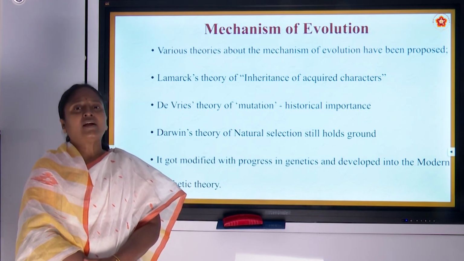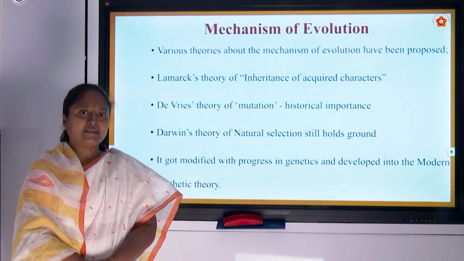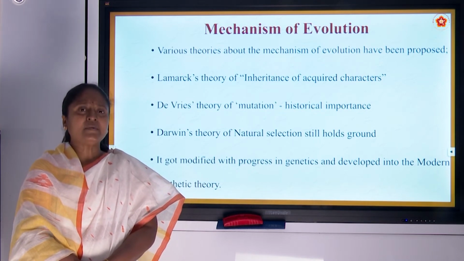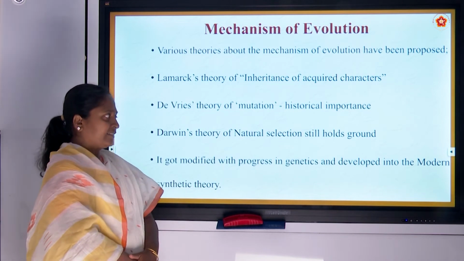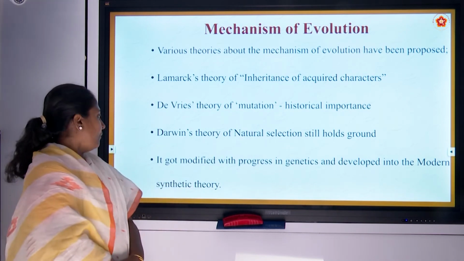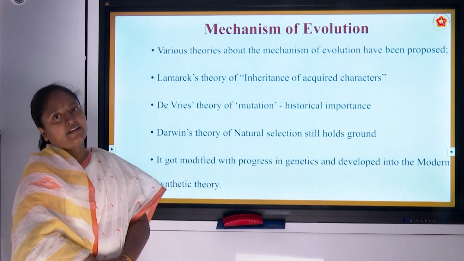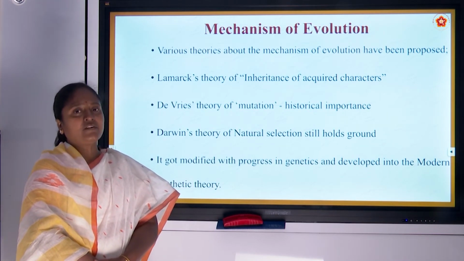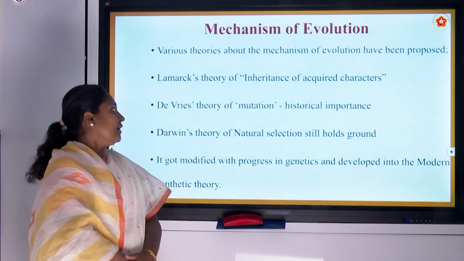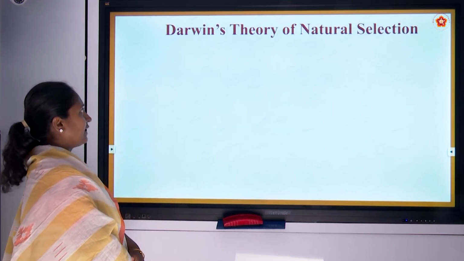So these technologies help humans understand the biological system very well. So we have progress in genetics and also the development of the modern synthetic theory of evolution. This is a slight modification that we can see in Darwin's theory of natural selection.